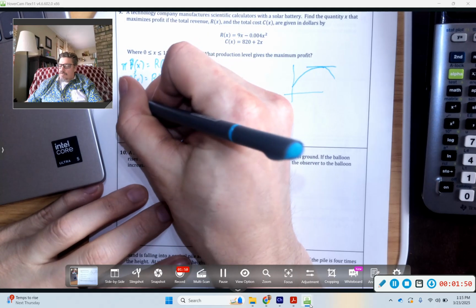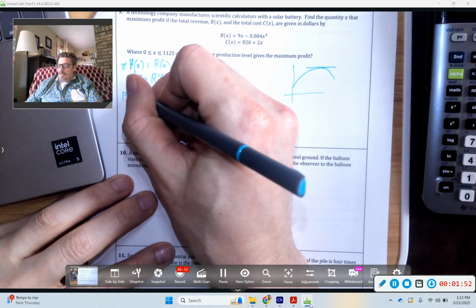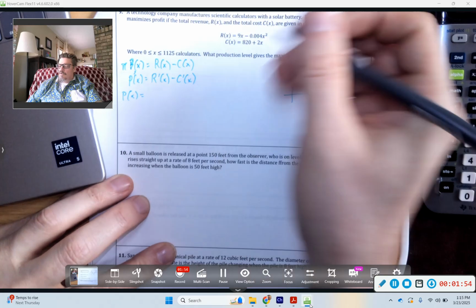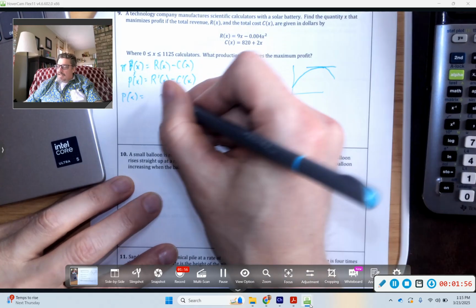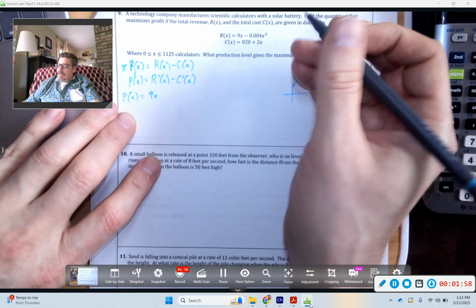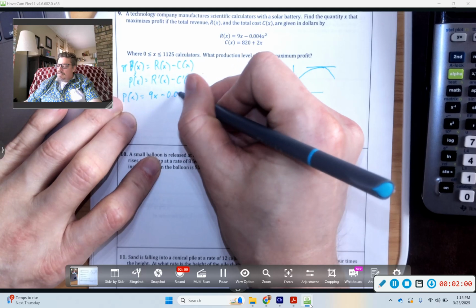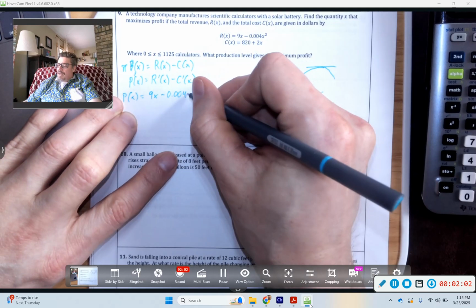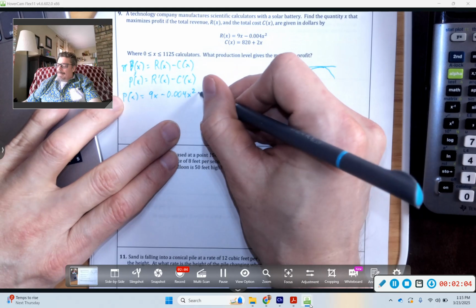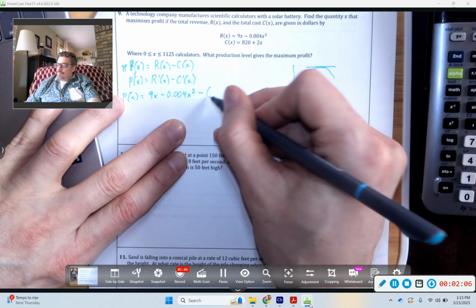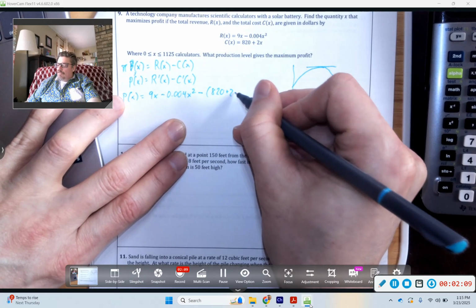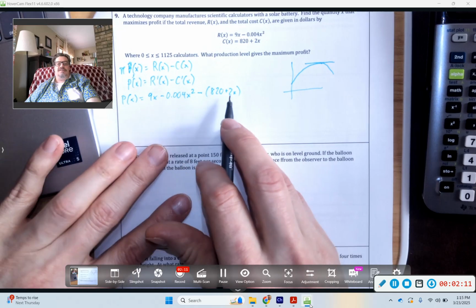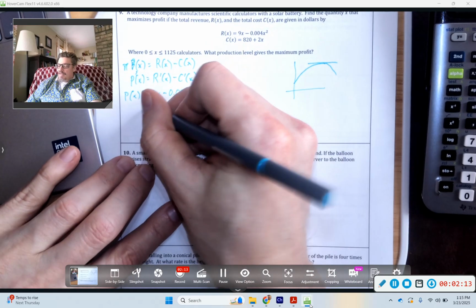We're going to have the derivative of our profit function. Let's just write P of x first. It's going to be 9x minus 0.004x squared minus (820 plus 2x). Notice I put that in parentheses, because we're going to subtract both things.